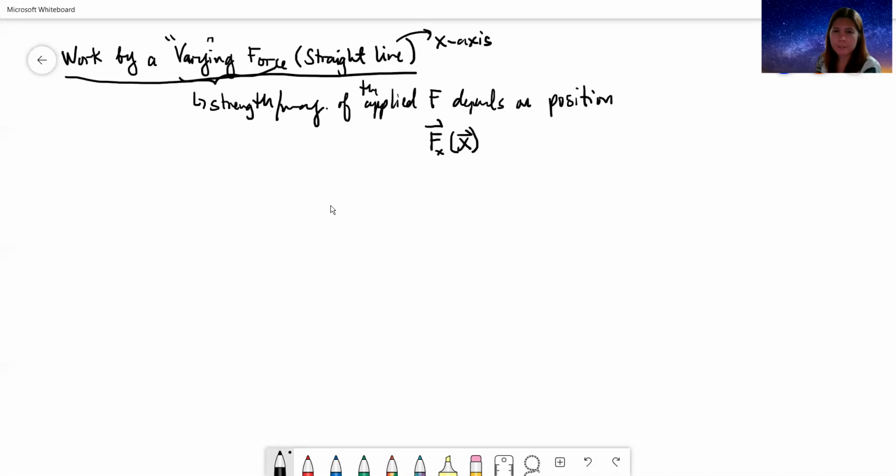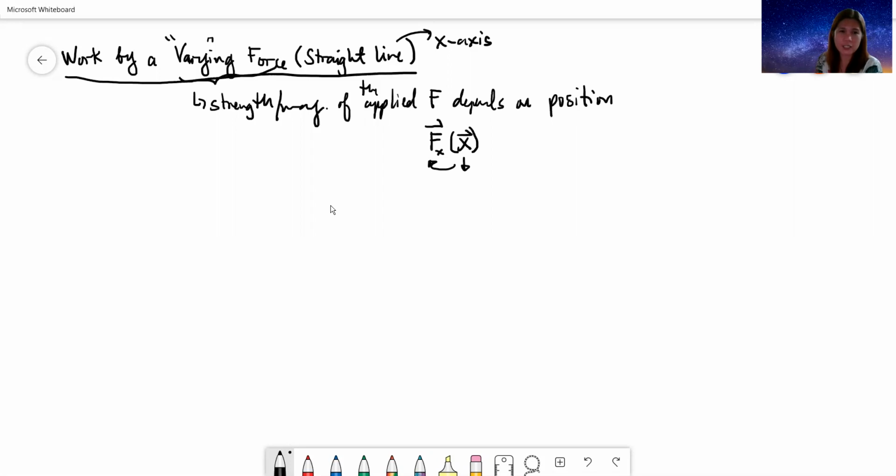So whatever the value of x, it depends on that what force is needed. Now, the more generic definition of work, we will see later that even if the force is constant, it still comes from this definition of work.